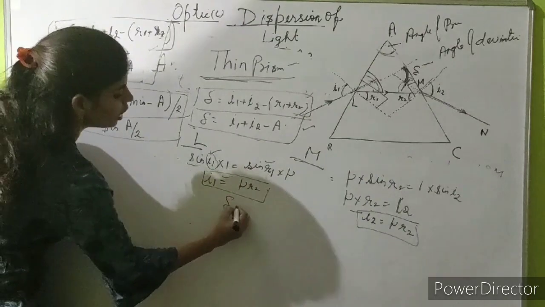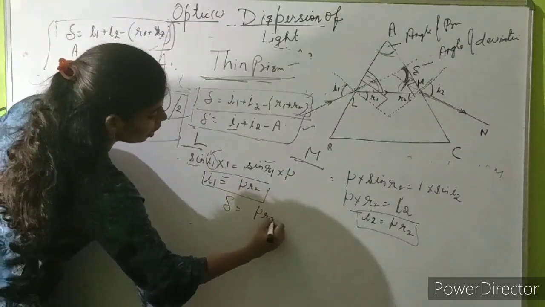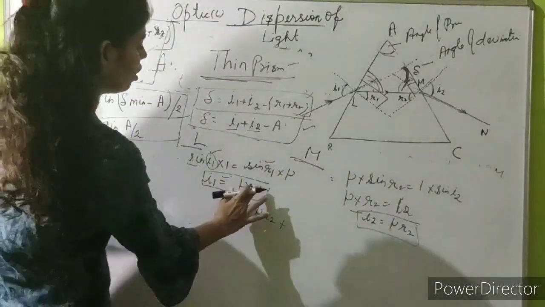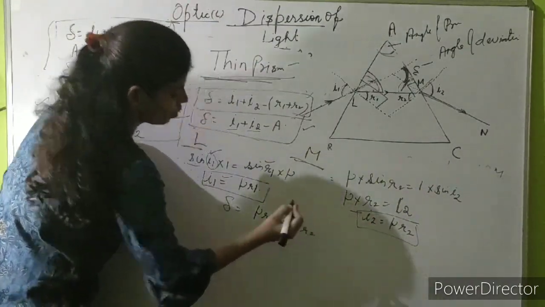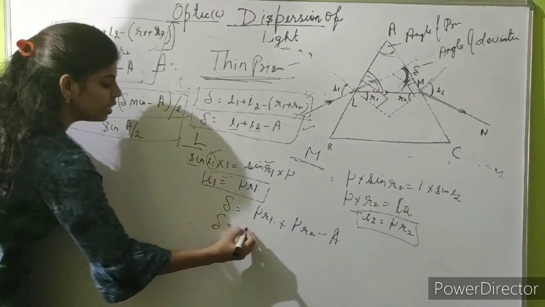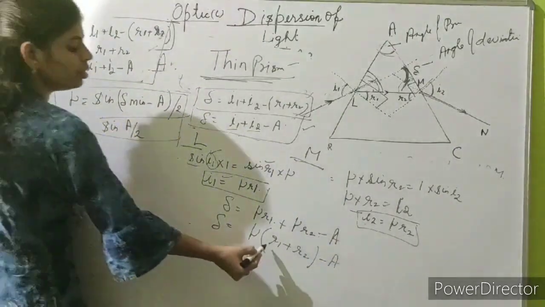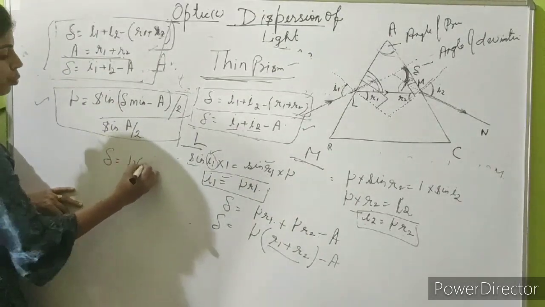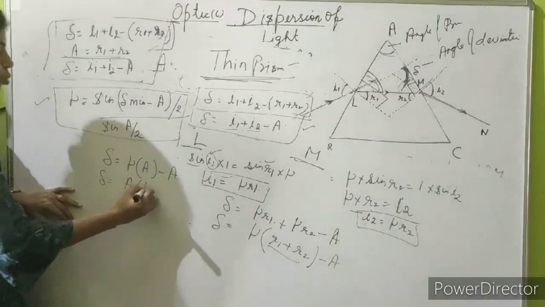Delta is equal to mu R1 plus mu R2 minus A. From here delta is equal to mu (R1 plus R2) minus A, and R1 plus R2 can be replaced by A. So it becomes delta is equal to mu into A minus A, and we can simply say delta is equal to A into (mu minus 1).